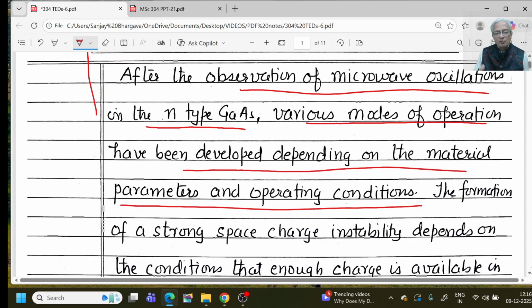So there are different modes of operation, and they depend upon material parameters and the operating conditions.